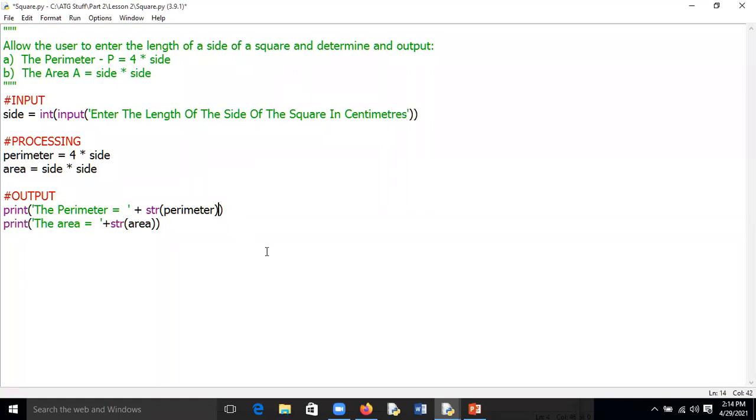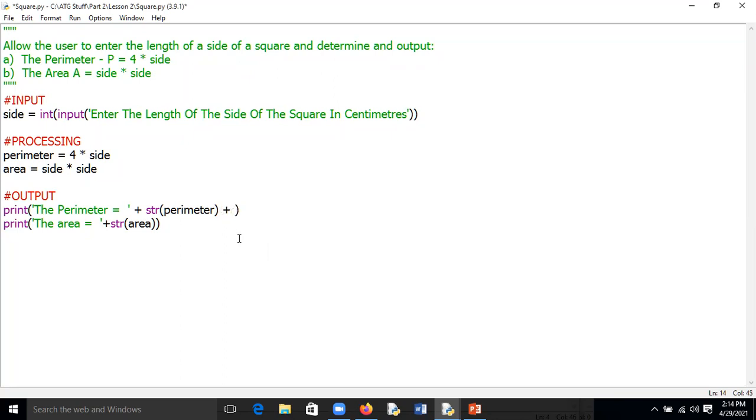To make our output a little bit more meaningful and user-friendly, remember that whenever you are outputting or giving feedback to the user, it needs to be as simple to understand as possible. If you're just going to display numbers out there, the numbers mean nothing. So we actually have to put little comments here, little statements telling the user what exactly is being output.